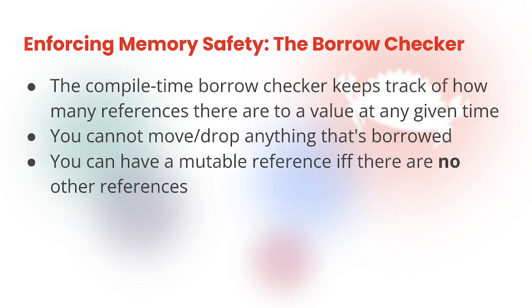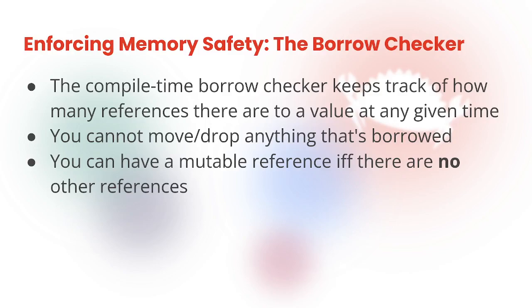And you cannot move or drop anything, and drops are classified as a move in Rust. You cannot move or drop anything that's borrowed. So from that example before, where we took a reference to an element in a vector, you can't pass that vector in as a function parameter, because that might change the address, which would invalidate the reference.